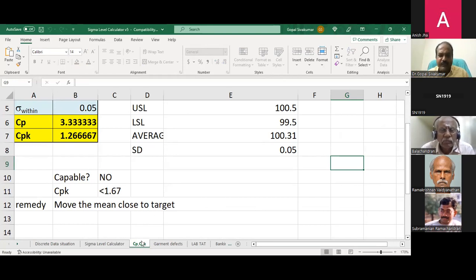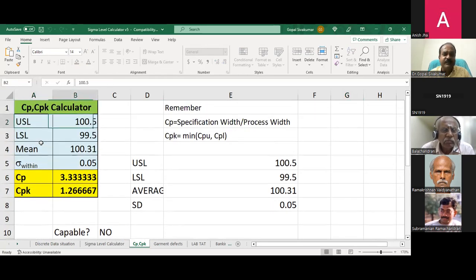Now one file, go to CP CPK. Some values are given. I think the values are already fed properly. It has eased my job, right? So 100.5, 99.5, and the mean value is 100.31. The standard deviation is 0.05. You simply type all these values and give an enter.